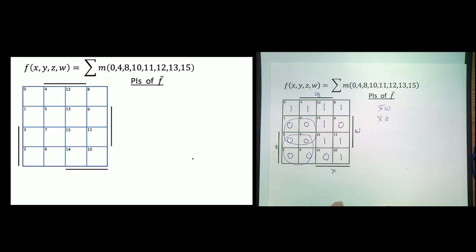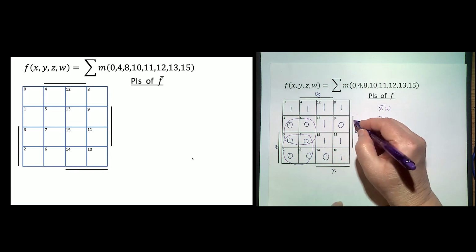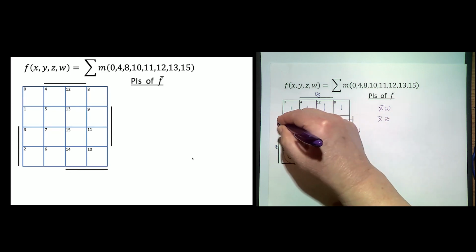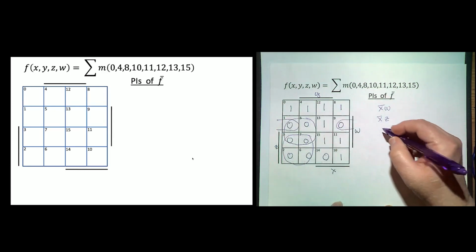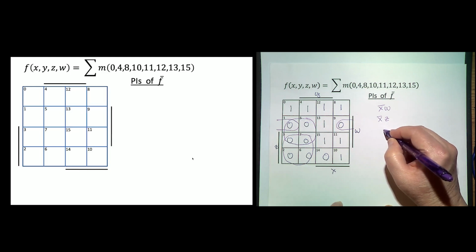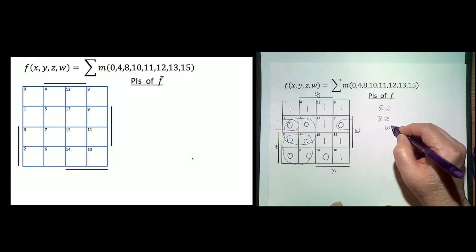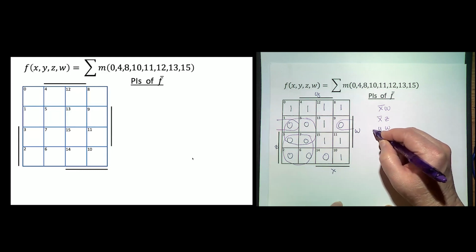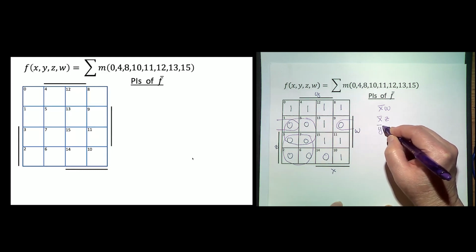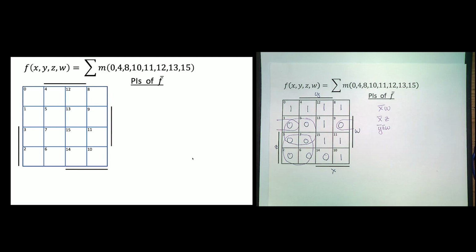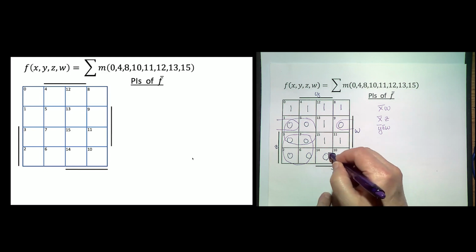Any more? 9 and 1, okay. And what's that one? W, not Y, not Z. Which one? 6 and 14, okay.